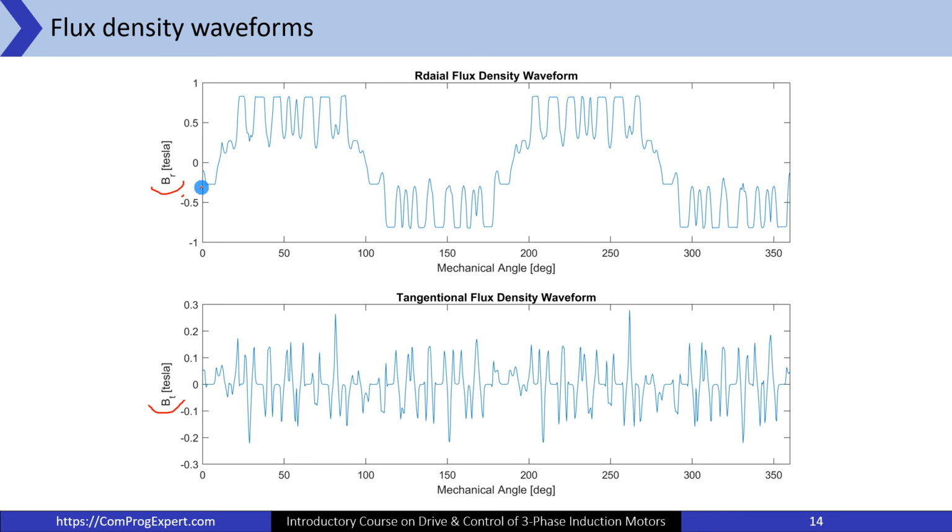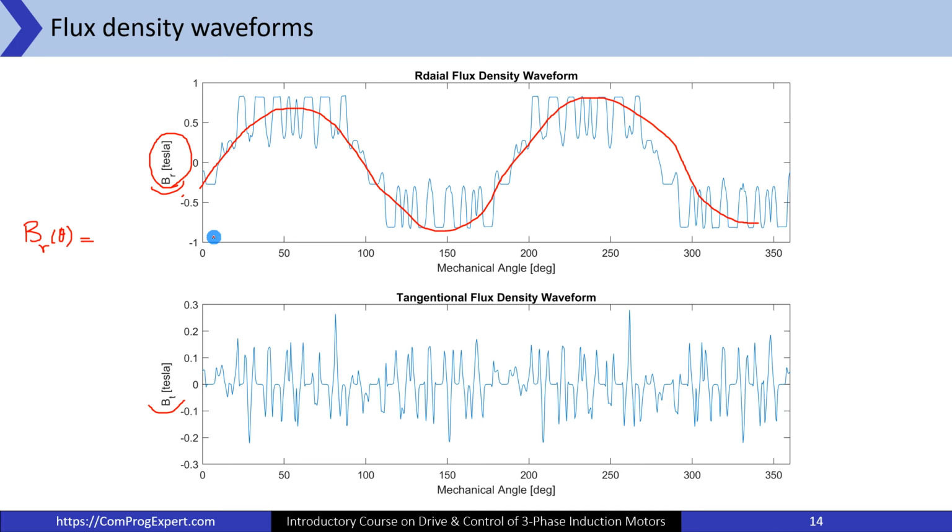But what is important is the fundamental harmonic of this waveform. We can write a Fourier series for this waveform Br as a function of theta, that is the summation of the peak values times the cosine of i times theta and so on.